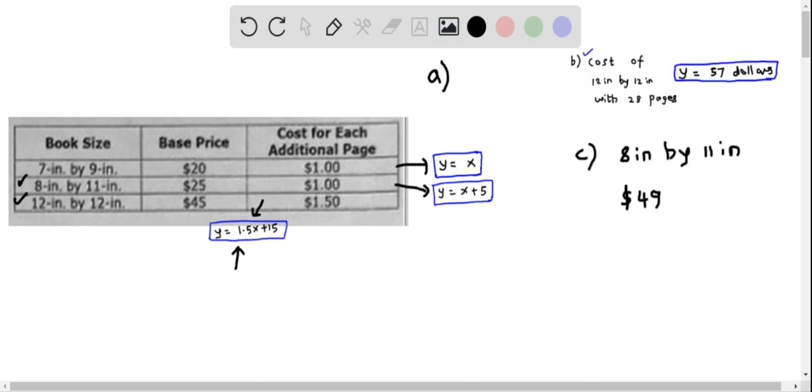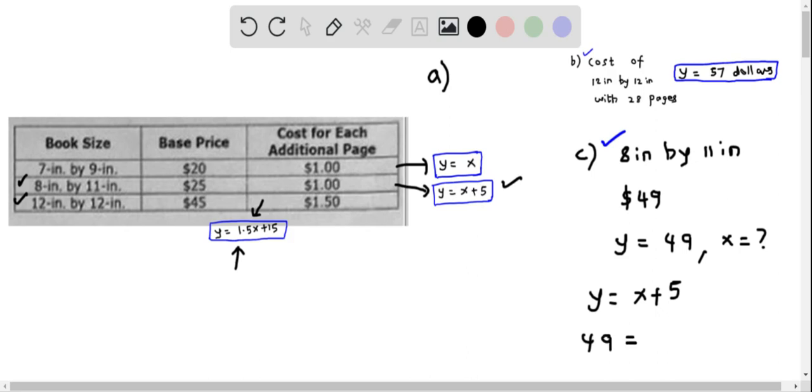We now answer part C. Here we have to determine the number of pages in the 8 inch by 11 inch book if the cost of the book is $49. We are given that y equals $49, and we have to determine x. I'm going to use the second equation, that is y equals x plus 5, and here I plug in y equals 49.